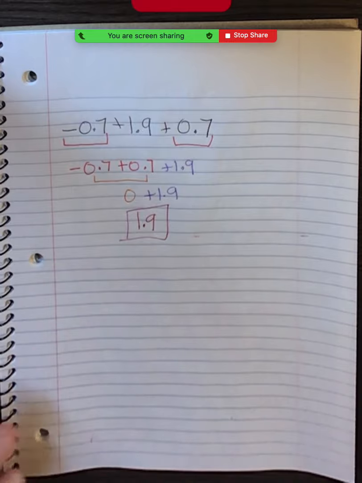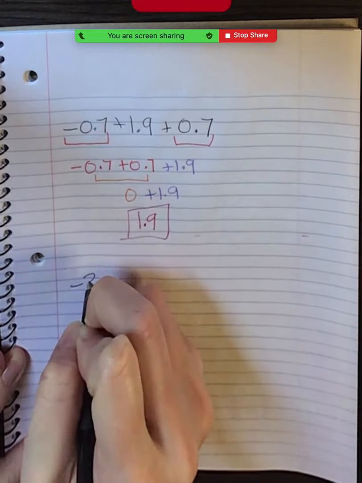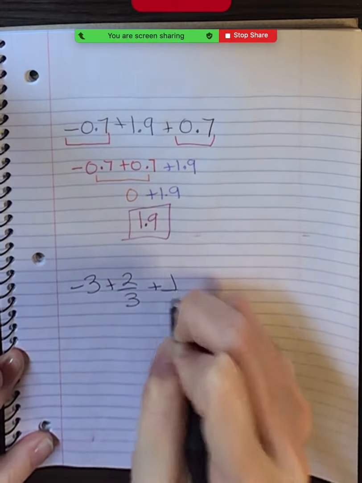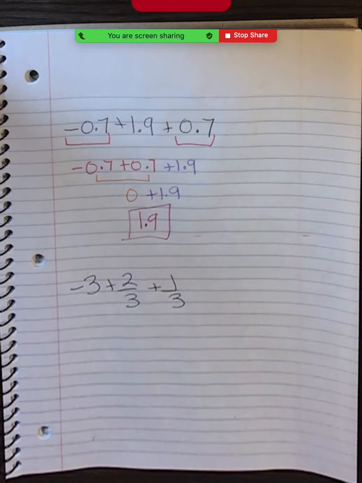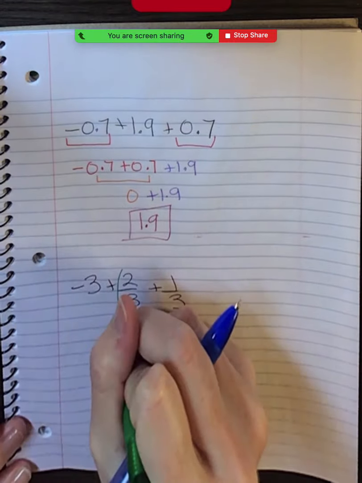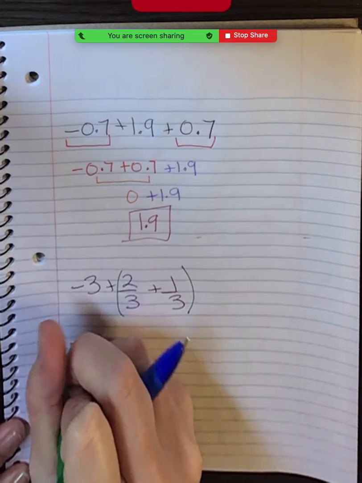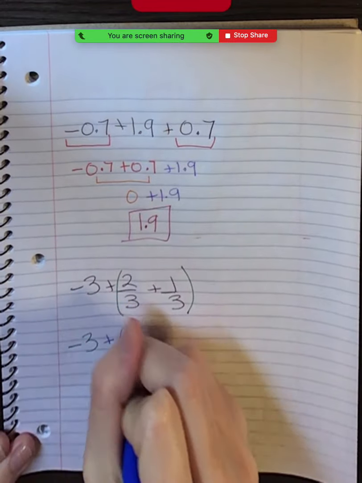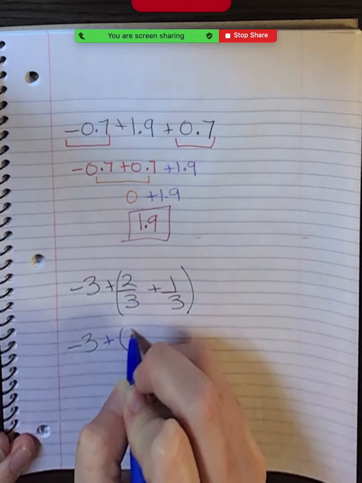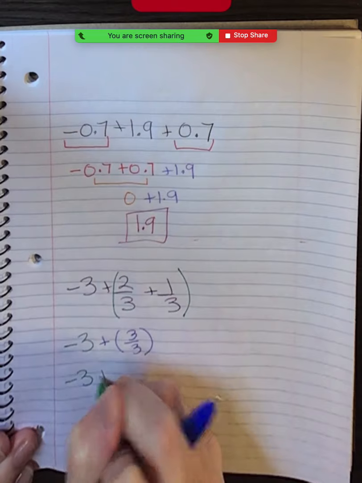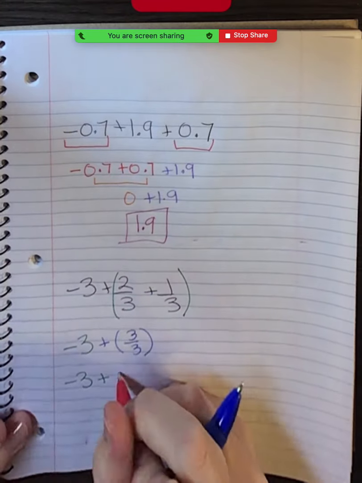All right, then we have negative 3 plus 2/3 plus 1/3. So the property says you can add numbers in any order. So I'm going to add these two first because they're fractions. They already have like denominators. So 2/3 plus 1/3 is just 3/3. You could simplify that. 3/3 is 1.